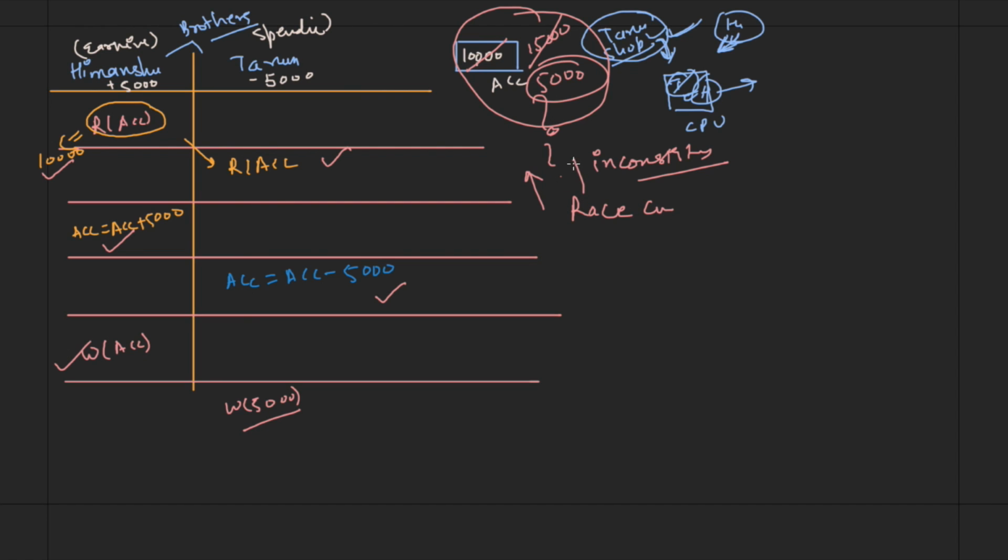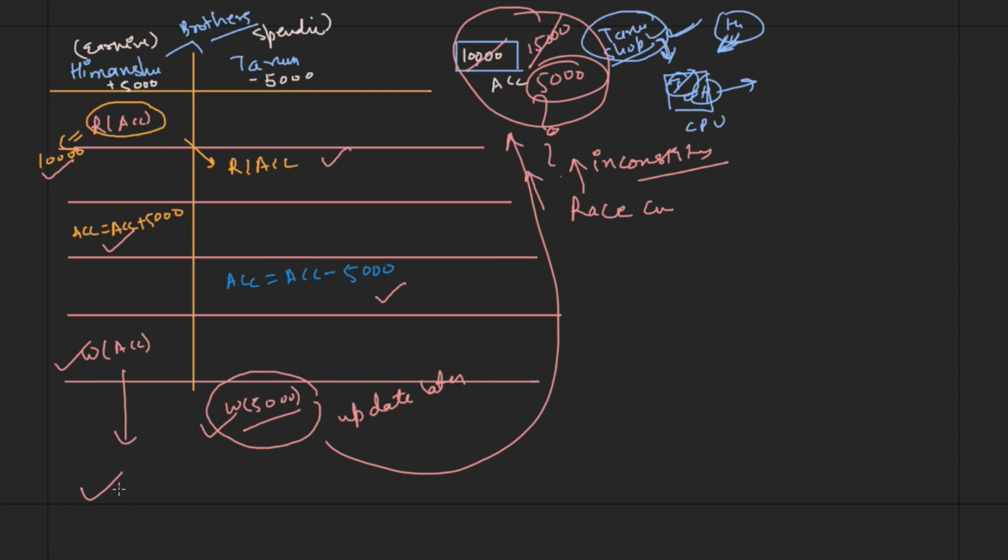Both of them are trying to have a race. The one who is going to update later, that value will be written in the account. For example, if instead of Tarun, Himanshu had written the value at a later point of time, then this value must have been written on the account. So the one who is going to update later, that value will be saved on the account.